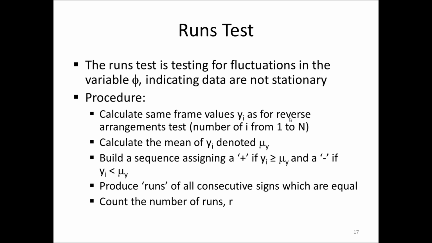Then, each value of y sub i is compared to the median, and a plus sign is assigned if y sub i exceeds the median, and a minus sign otherwise. In the next step, each series of the same sign is noted as a run. And finally, we count the number of runs, which forms a value R.